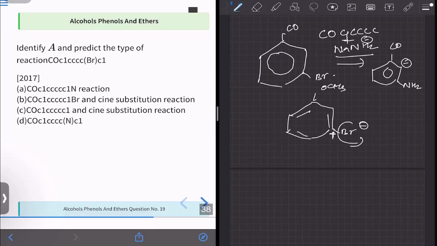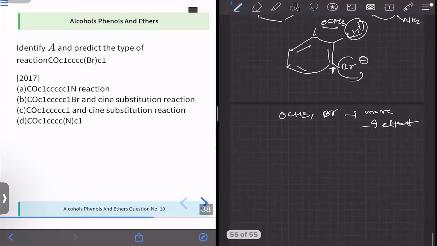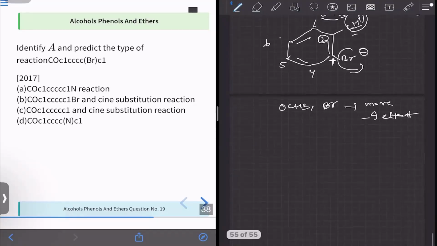H plus should be removed from the carbon between them, because it is more acidic. These OCH3 and Br groups have a strong minus I effect, so the hydrogen between them is more acidic compared to positions 4, 5, 6. So the hydrogen at the second position is more acidic and can be easily removed.